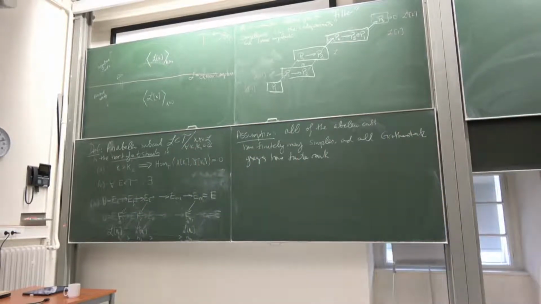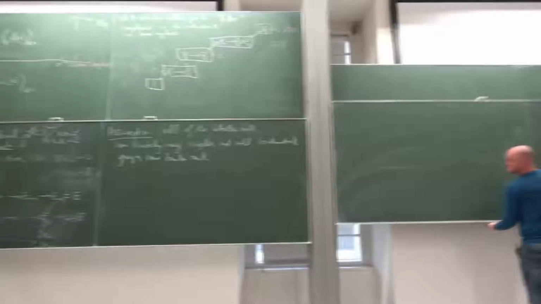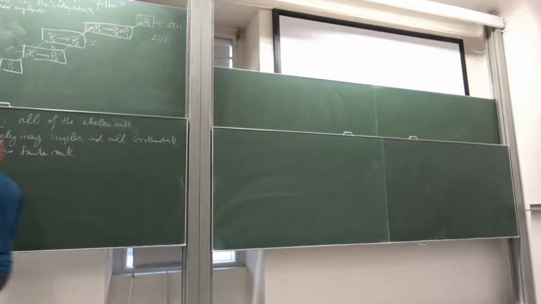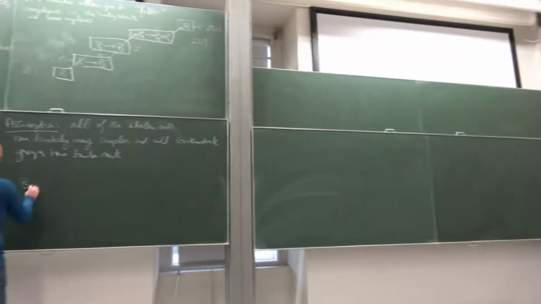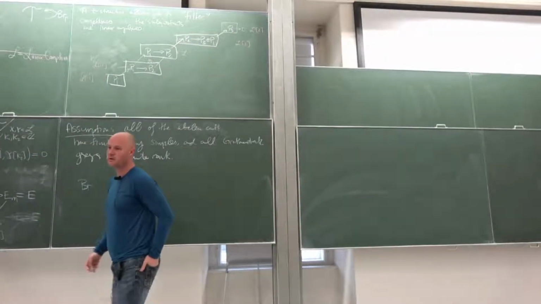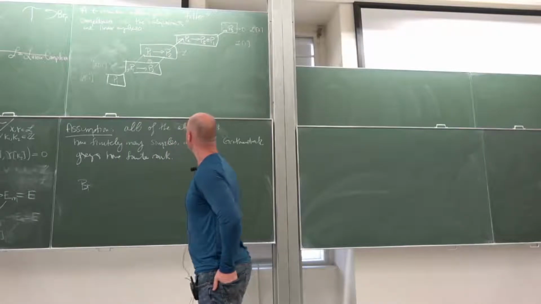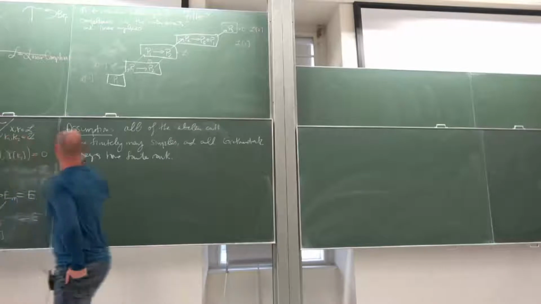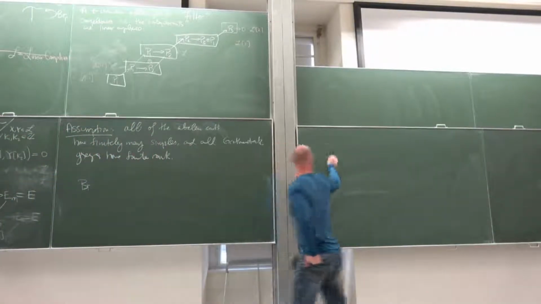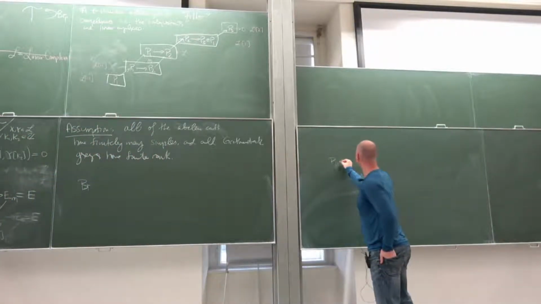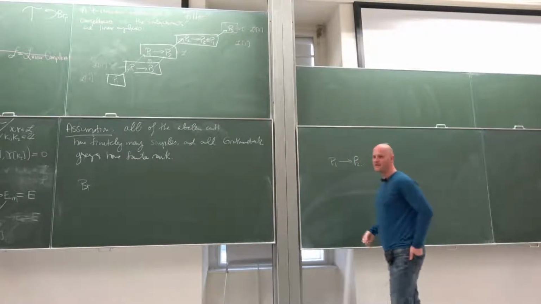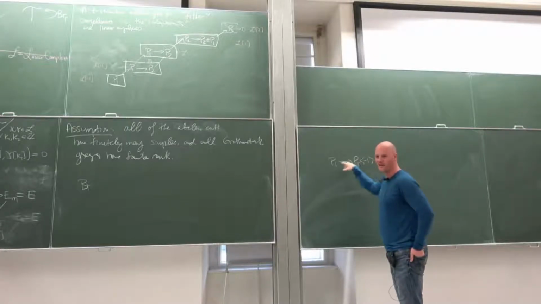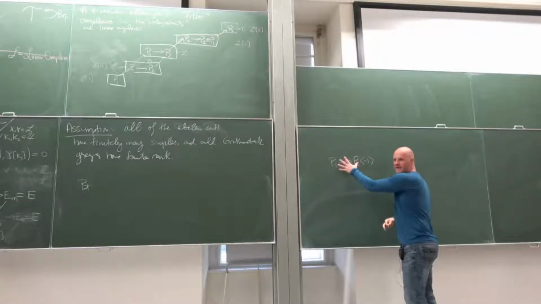Now if you have a group acting on your triangulated category, for example, the braid group. Question: How can I see that this is a linear complex if I don't know what an internal grading is? That's a good question. When I draw this horizontally, I just mean that these are in the same level.